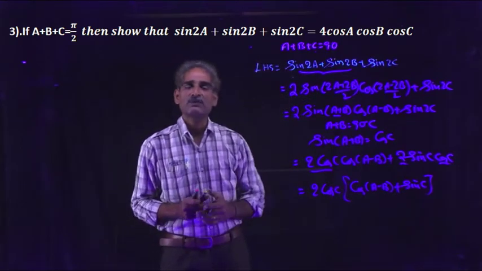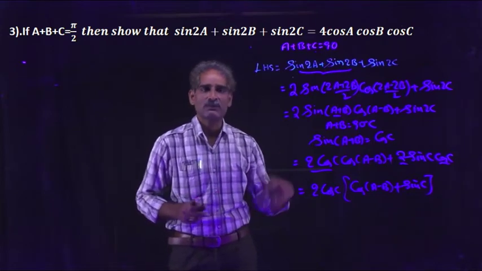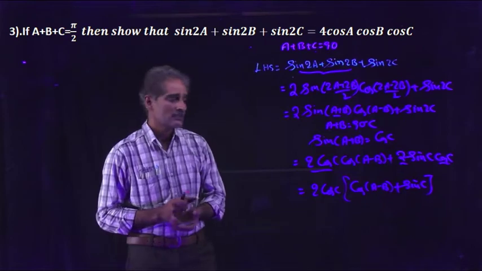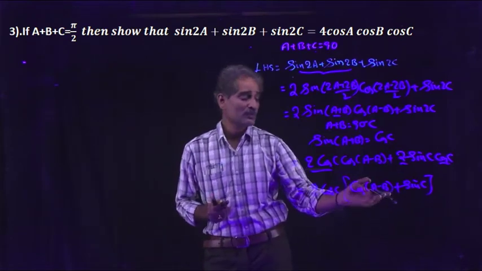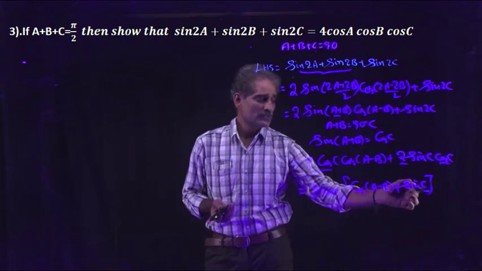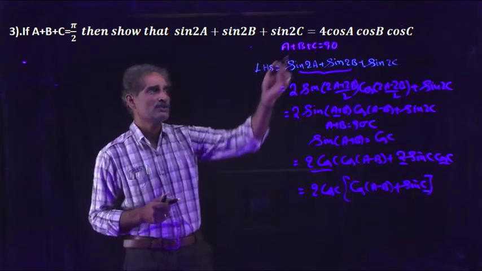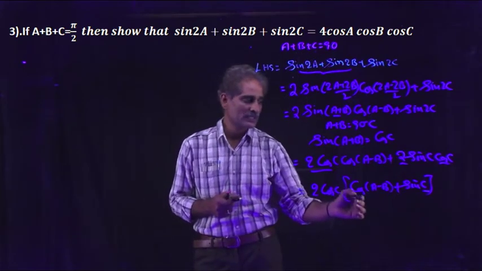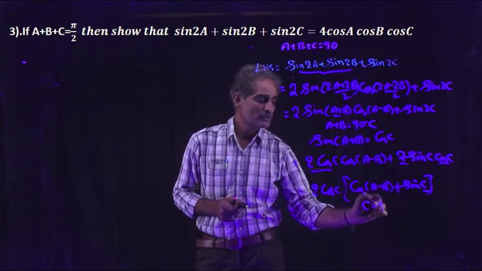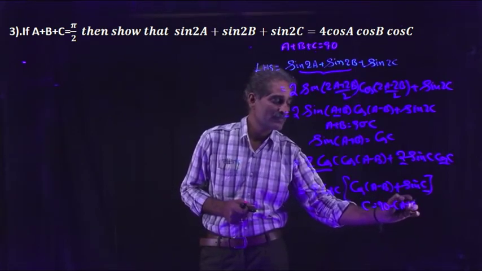In the required one, 4 cos a cos b cos c are there, so we already have cos c. What about the remaining cos a and cos b? The first term is in terms of a and b, you can't change a and a minus b. So try to introduce a and b terms in place of c, using the same relation a plus b plus c equals 180, so c is equal to 90 minus (a plus b).